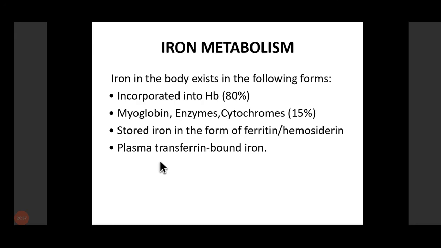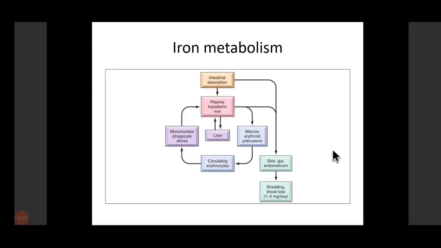Iron exists in the body in the following forms: incorporated in hemoglobin or myoglobin, enzymes and cytochromes, about 15%, and stored in the form of ferritin and hemosiderin or bound to plasma.